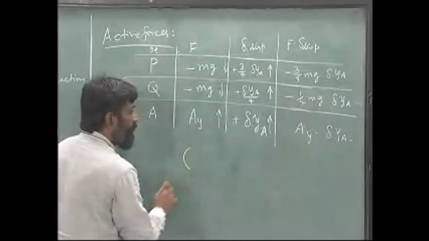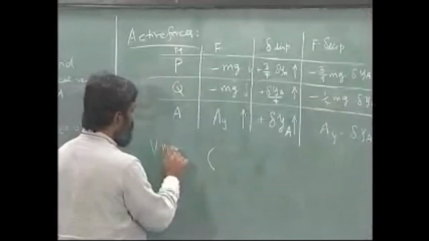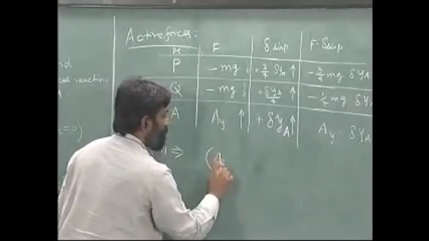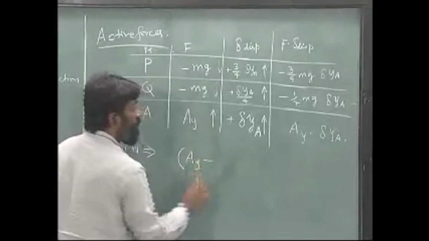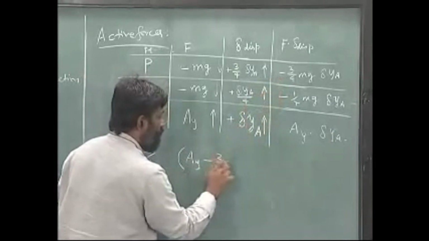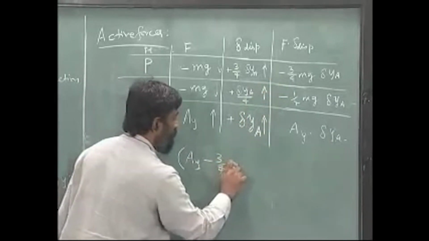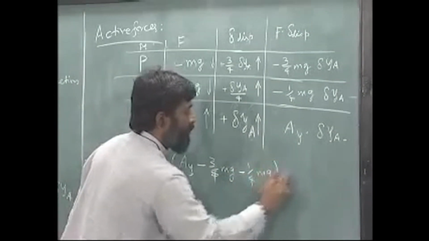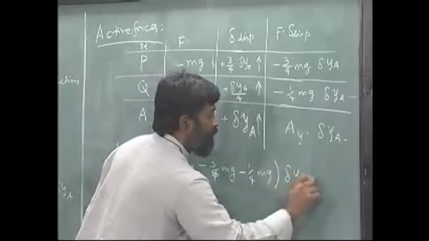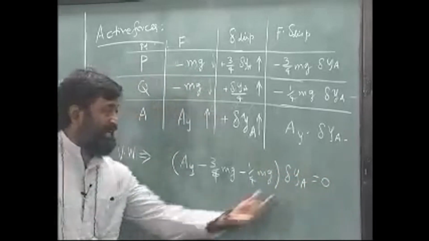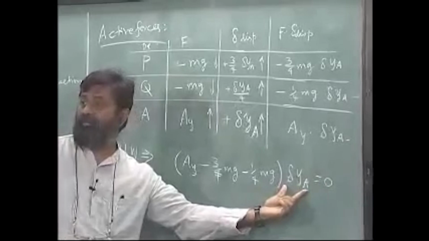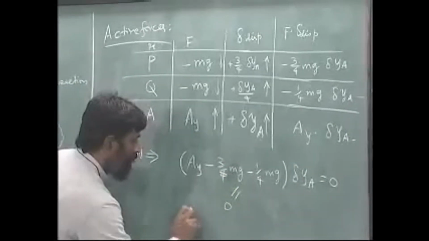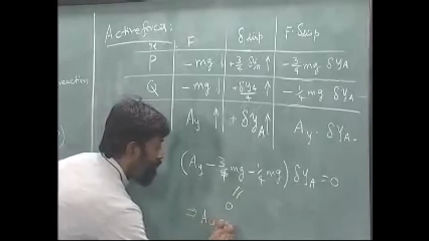So, we can immediately write from virtual work principle Ay minus 3 by 4 mg minus 1 by 4 mg times delta Ya equals 0. Delta Ya is an arbitrarily applied virtual displacement, which means that this has to be equal to 0, means Ay equals mg.